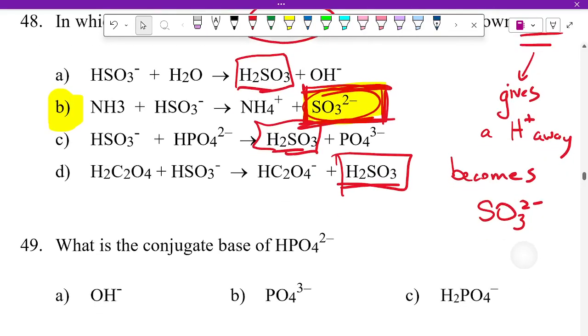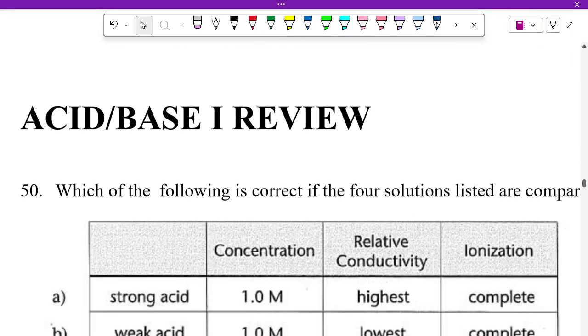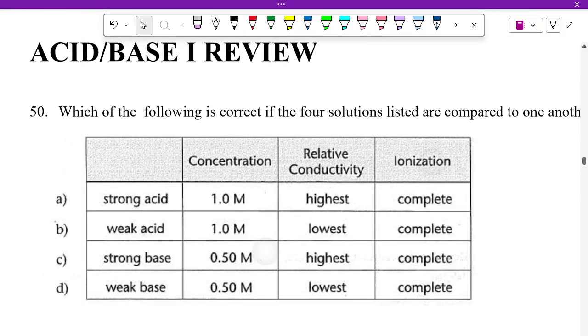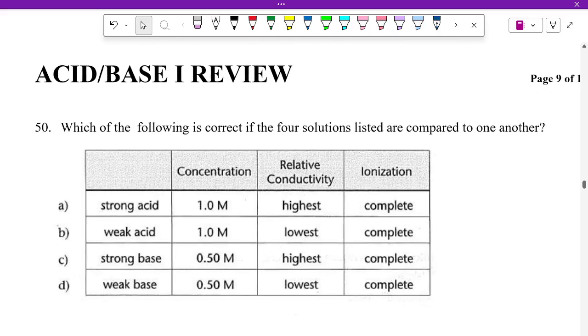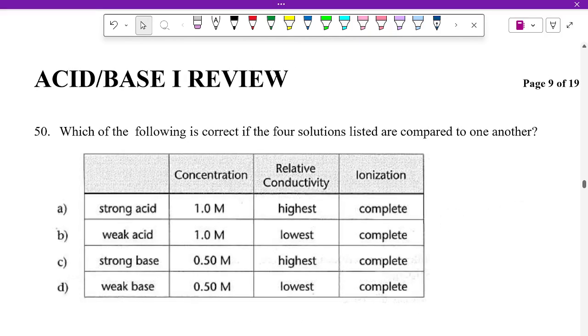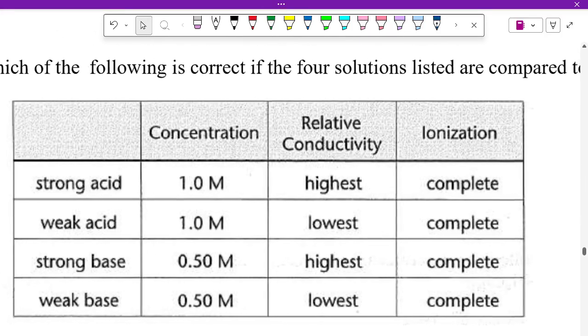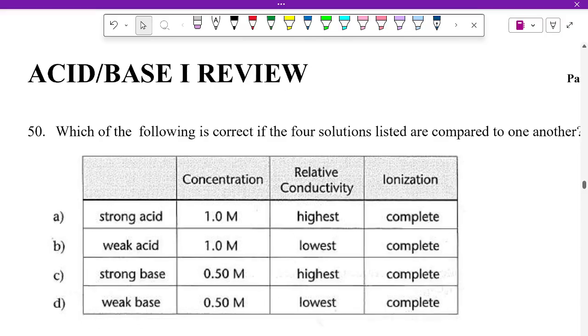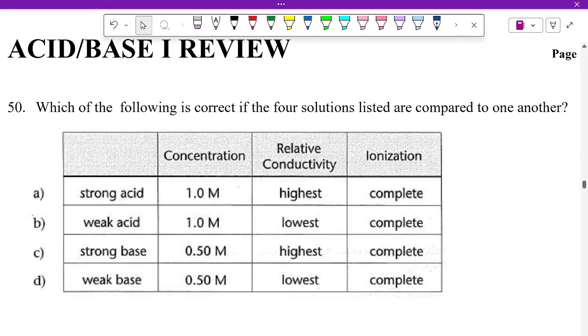Number 50. Which of the following is correct if the 4 solutions are compared to one another? So we have the first 2, compared to one another. Okay, so we have a strong acid and 1 molar.